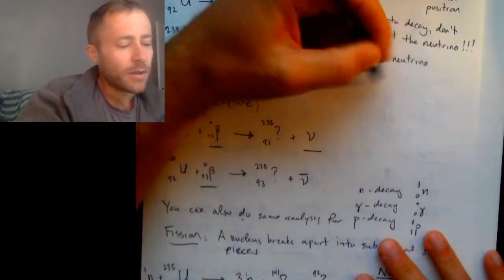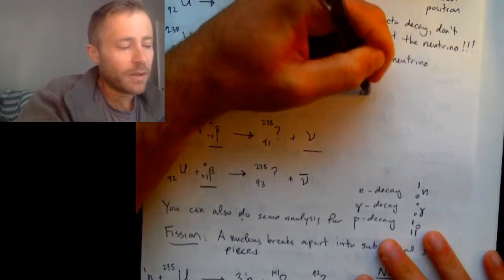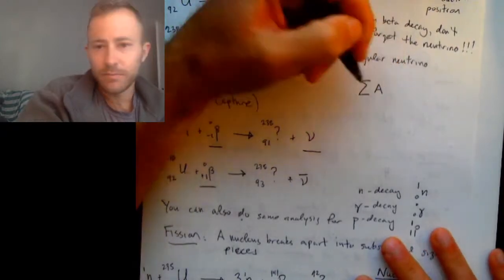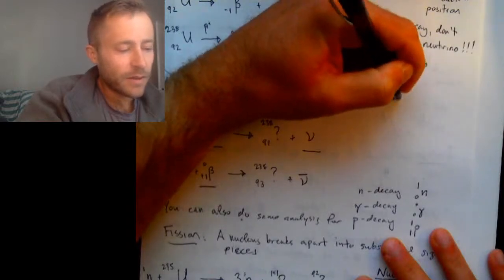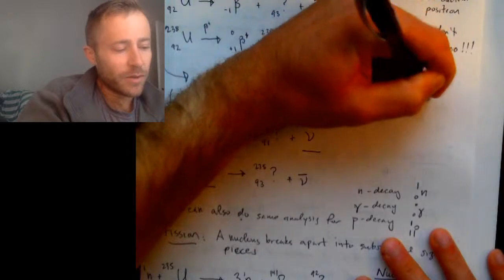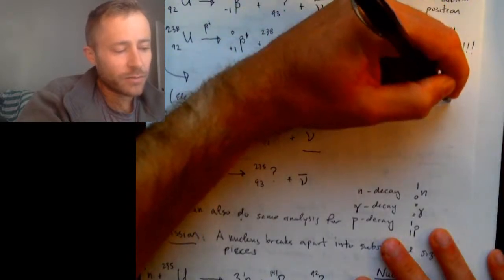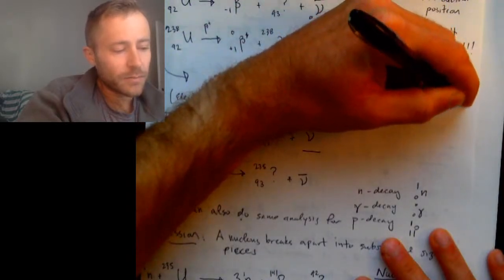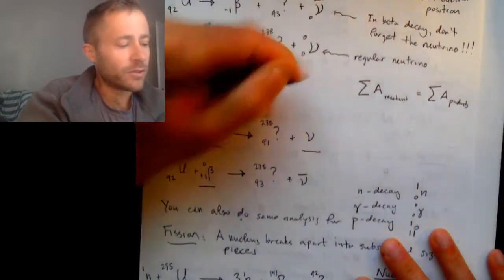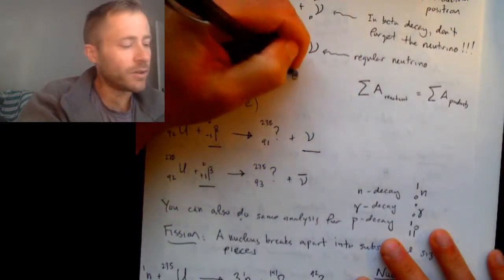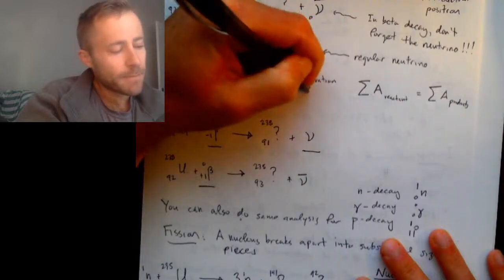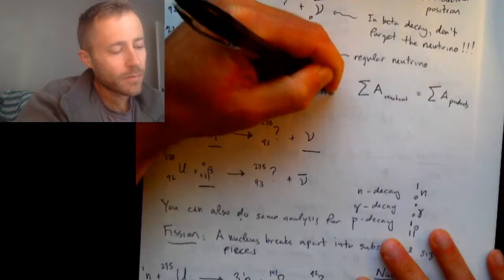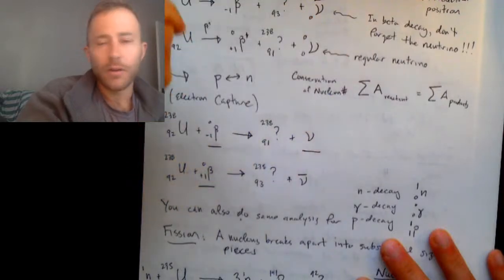And so just to summarize, the sum of the A values of the reactants has to equal the sum of the A values of the products. And so this is conservation of nucleon number. Okay.